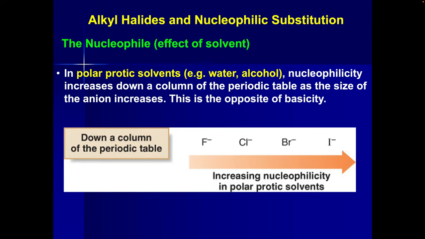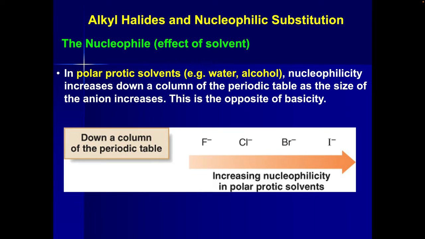And what we'll notice is that as we go down a family, the nucleophilicity actually increases. Fluoride is a poor nucleophile. Iodide is a great nucleophile, but only in polar protic solvents. It's exactly the opposite in other solvents, okay?